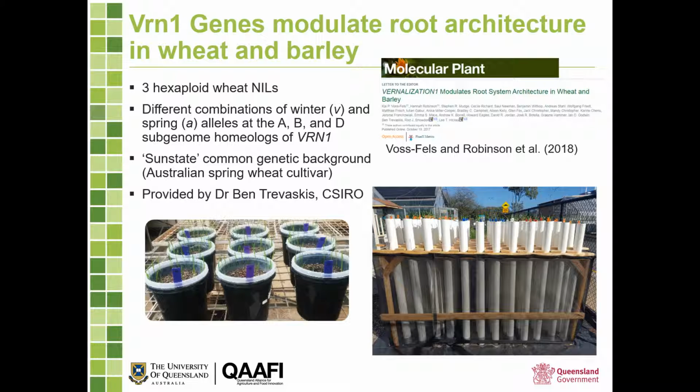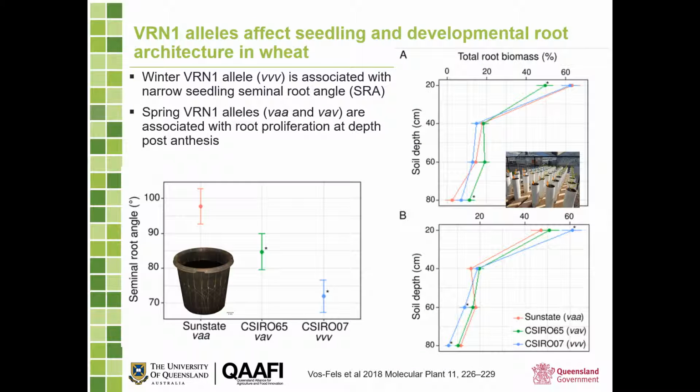He's got ones with different winter or spring alleles at either the A, B or D genome, and they're in a Sunstate background, which is a spring wheat background from Australia. And if we look at those, we've got our Sunstate wild type with winter A, spring B and D, and we've got winter A and D and spring B there, and winter for all 3 in these particular NILs.